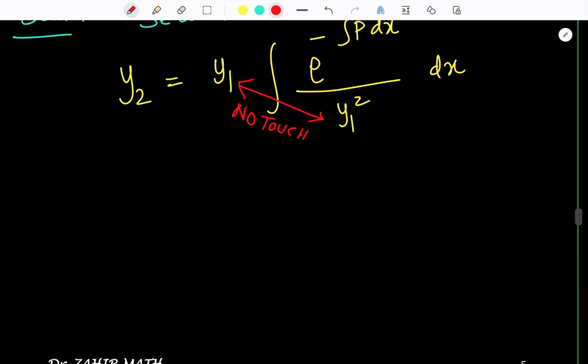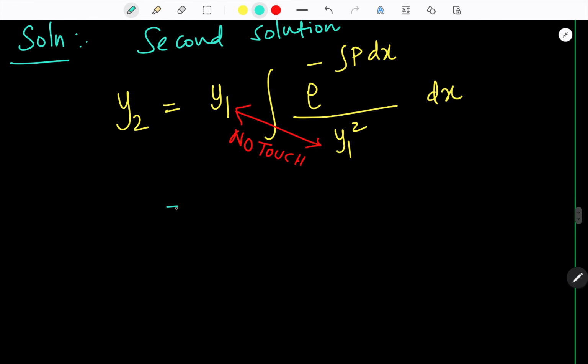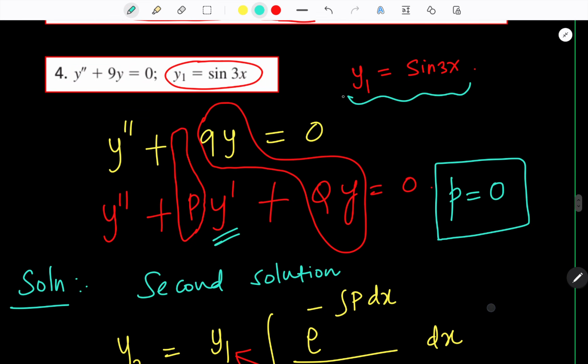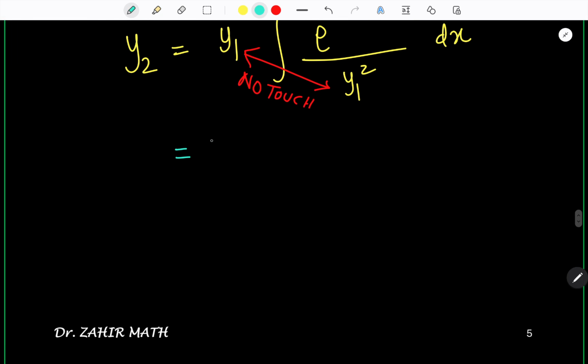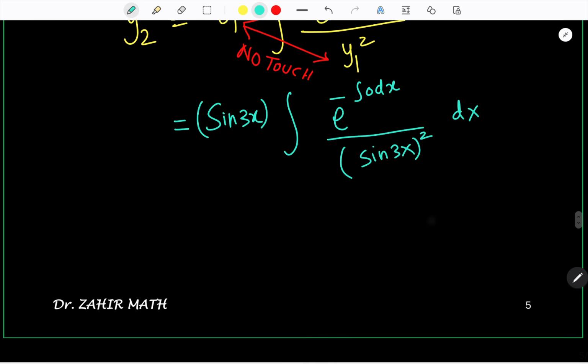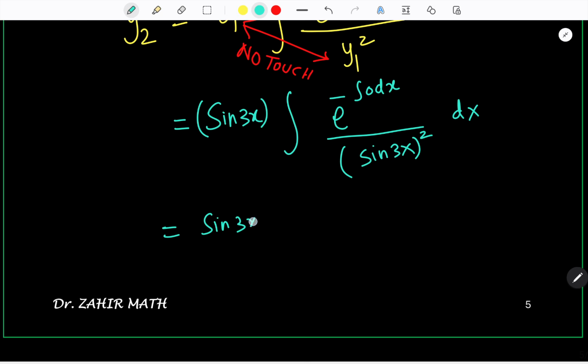So let's do this solution. y1 is sine 3x. So y2 equals sine 3x times the integral of e power minus integral 0 dx, where p is 0, divided by y1 square, sine 3x the whole square, dx.